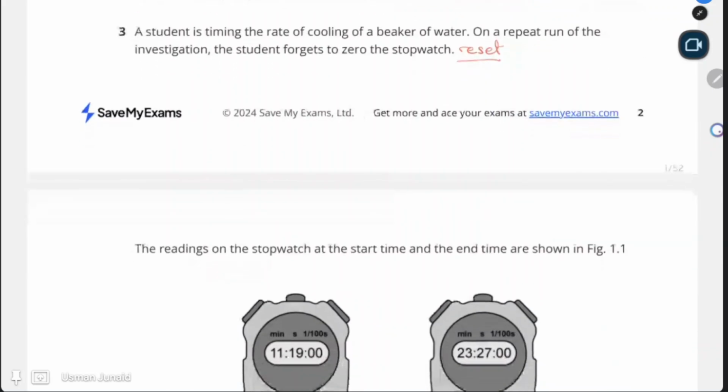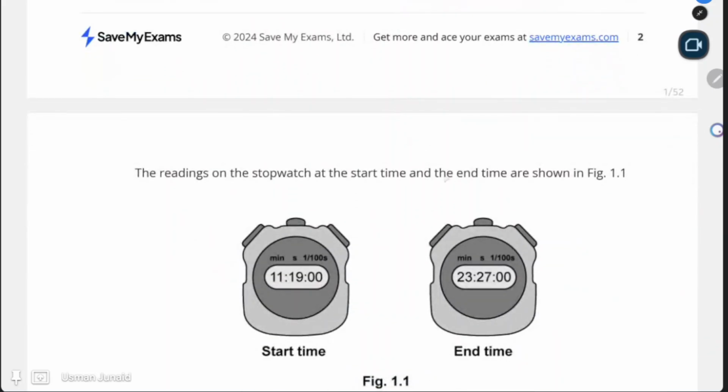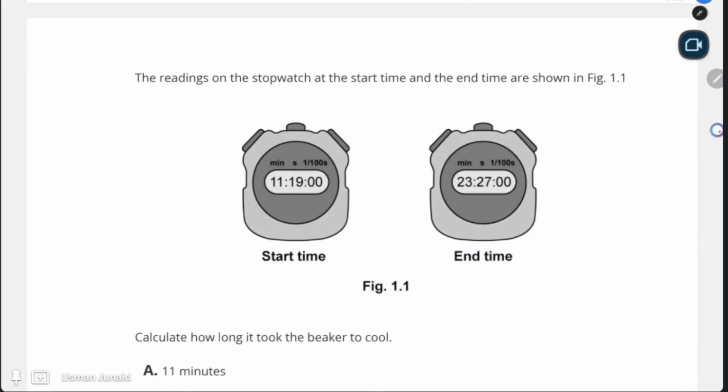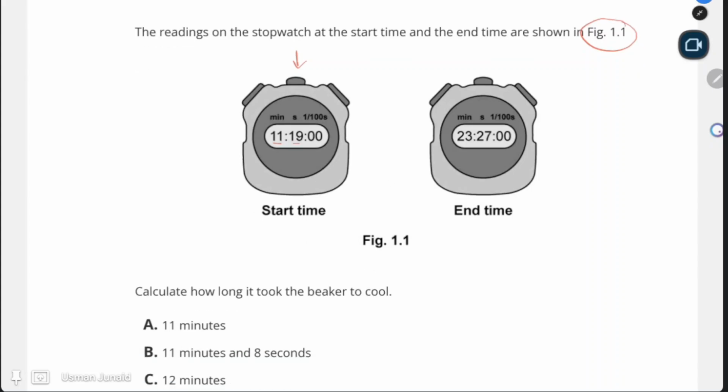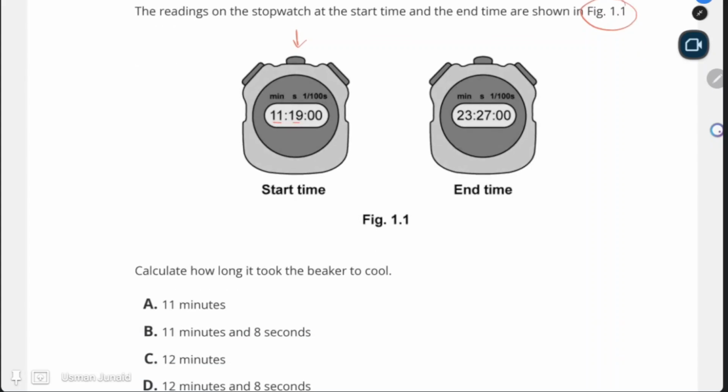The readings on the stopwatch at the start time and the end time are shown in figure 1.1. So this is your start time, and as you can see, it's not starting from zero. So how long did the beaker take to cool if you have to subtract these values?